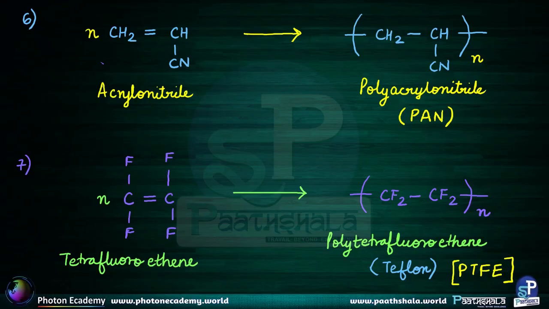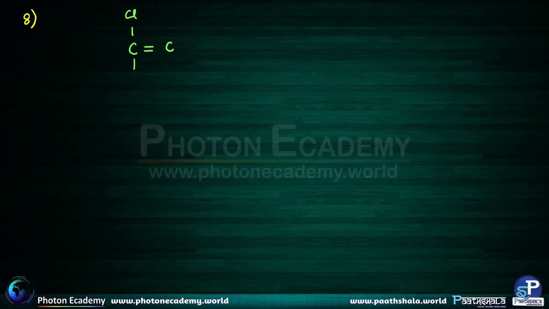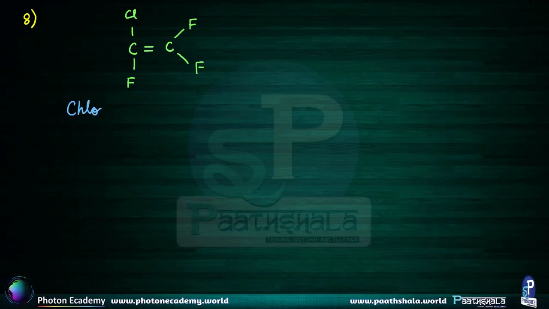Now, the next one, the eighth one that we'll be dealing with. The monomer looks like this, C double bond C. The first one has Cl, then it has the fluorine group, then it has 2 fluorine more. So we have this particular monomer, and it is known as chlorotrifluoroethene. As you can see, there are three fluorines, so trifluoro.